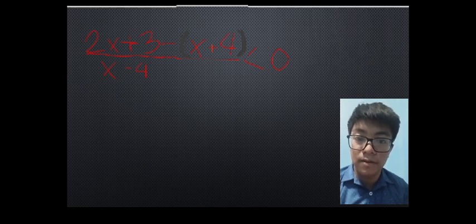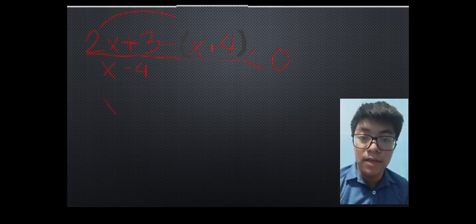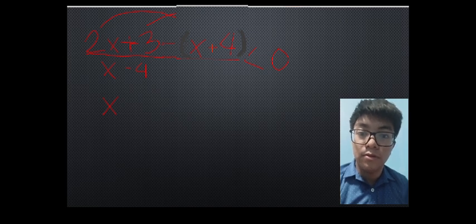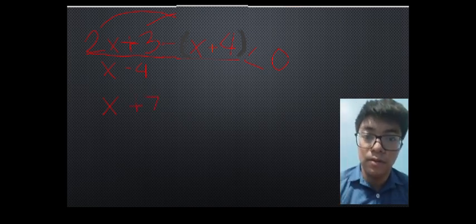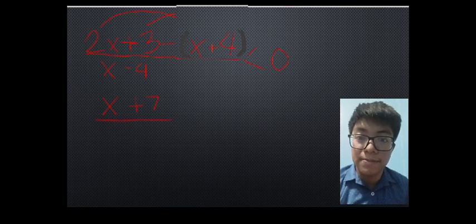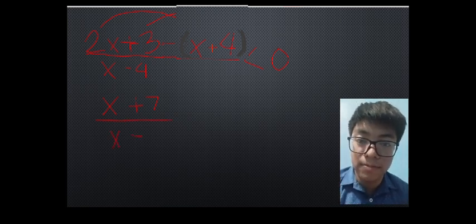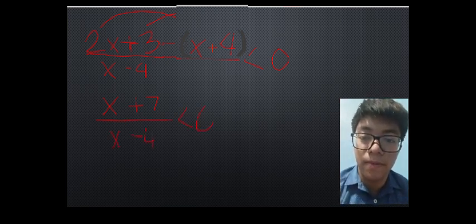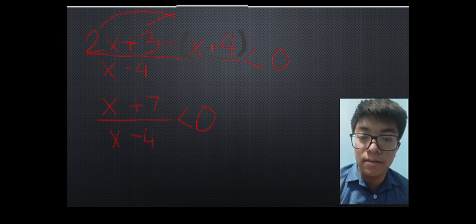Now simplify. 2x minus x is equal to just x. Positive 3 plus 4 is equal to 7. So our simplified fraction is x plus 7 over x minus 4. So we'll analyze it.